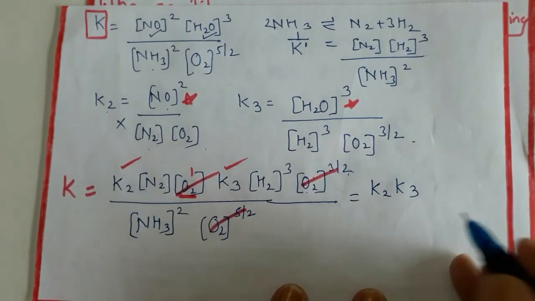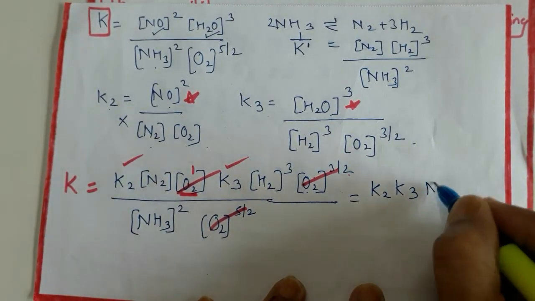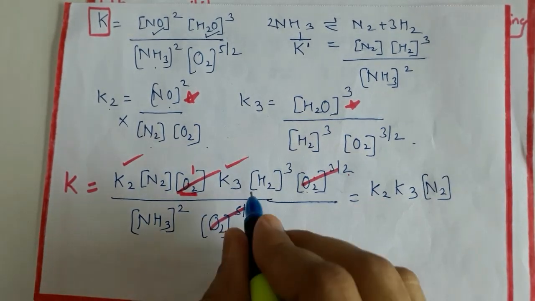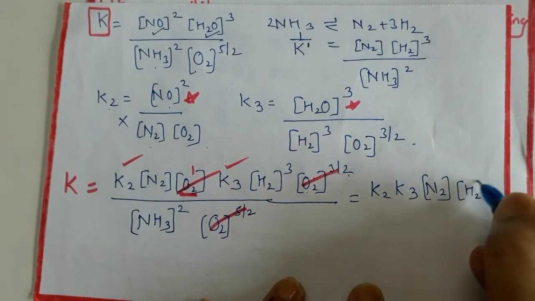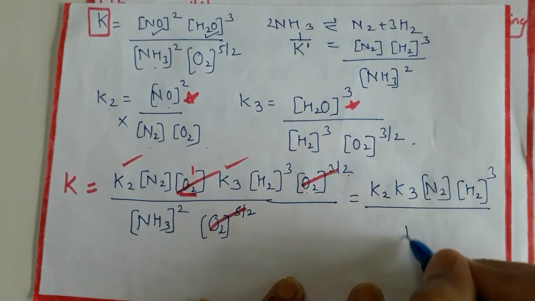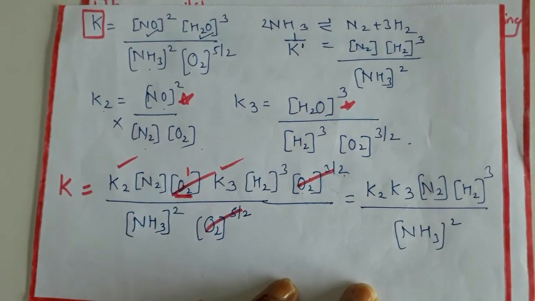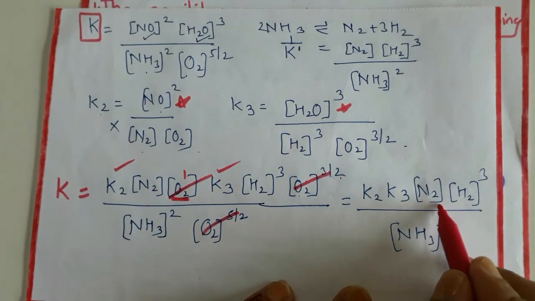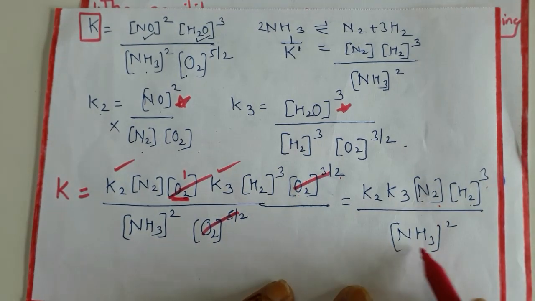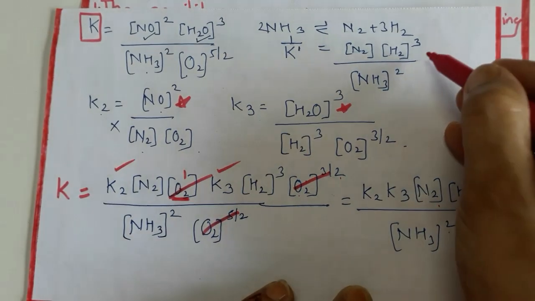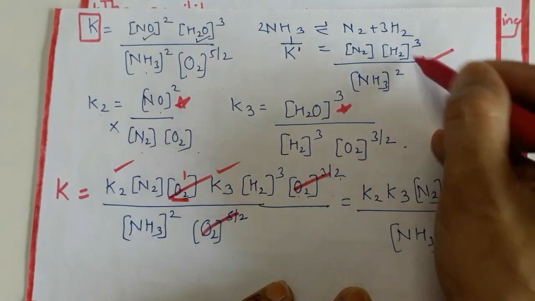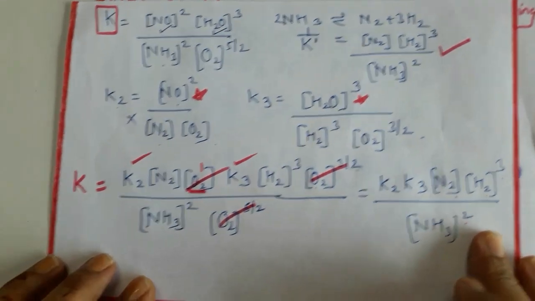Now I am left with N2, H2 raised to 3 upon NH3 square. Just notice, students: N2, H2 cube, NH3 square. Have a look at this expression. This entire term is equal to 1 upon K1.